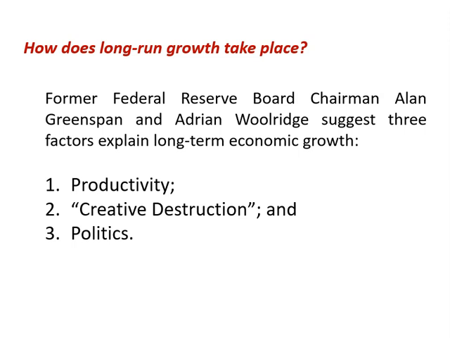Since we are focused on the long-run dynamic of the economy, how does long-run growth take place? One answer to that question is by former Federal Reserve Board Chairman Alan Greenspan and Adrian Wooldridge, who suggest three factors explain long-term economic growth: productivity, creative destruction, and politics.